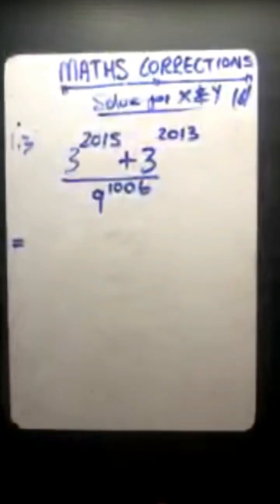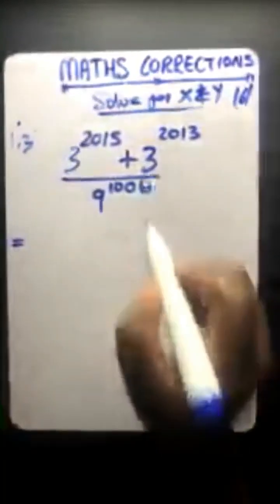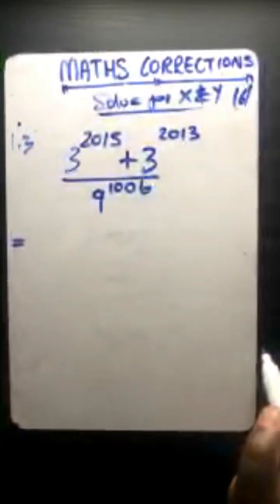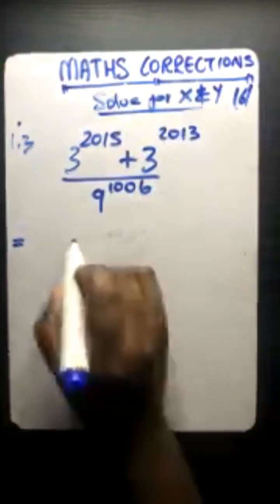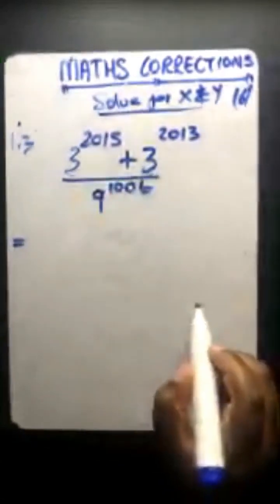Normally, some other stuff will be cancelling or doing whatever. But now, here, let me just try to think of something, guys. Let's see, because I realize the bases are the same, but how can I make the exponents the same?